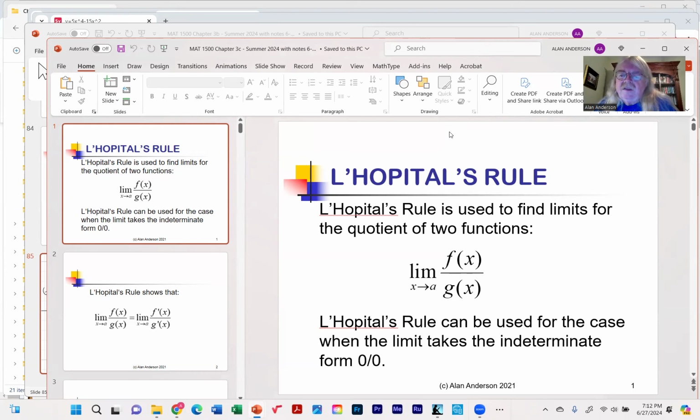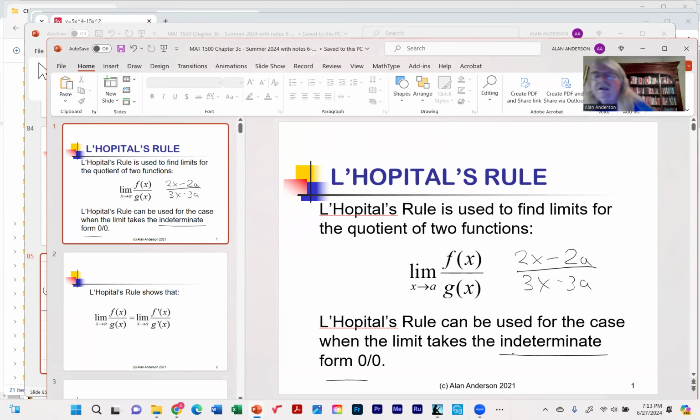Now, what if it turns out that the functions were something like, let's say, 2x minus 2a, and this one is 3x minus 3a. If I plug a into that x, I'm going to get 0 over 0. So this is referred to, by the way, as an indeterminate form, 0 over 0.